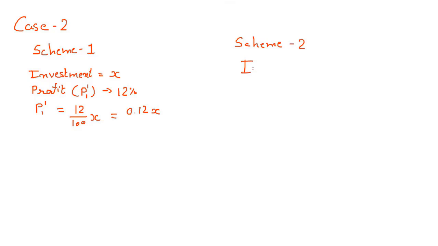In this case, the person again invests the same amount in scheme 2. Therefore, the investment in this scheme will again be 1 lakh minus X, and the profit, which we will denote here by P2 dash, is 10%, inverse from the previous case.